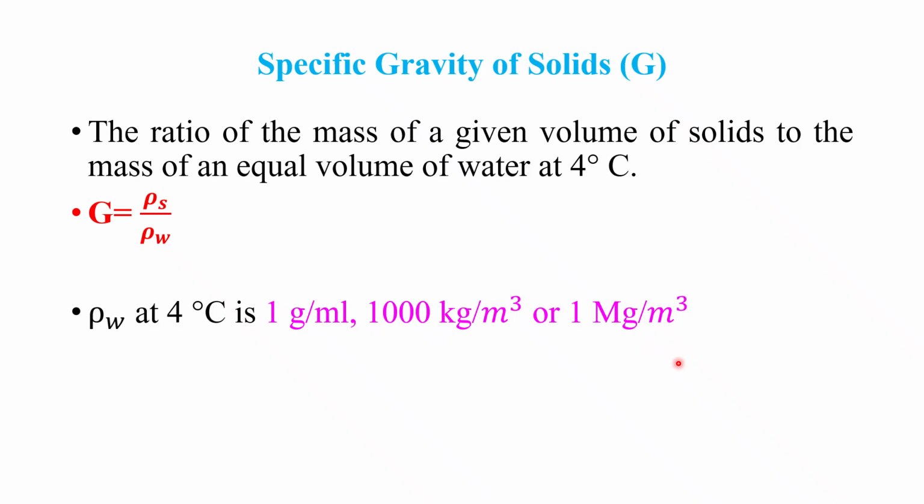Specific gravity of soils usually ranges from 2.65 to 2.80. If G value is not given in any university question, you can assume it in this range. For organic soils, it may fall even below 2. There is a very important relationship between void ratio, water content, degree of saturation and specific gravity.